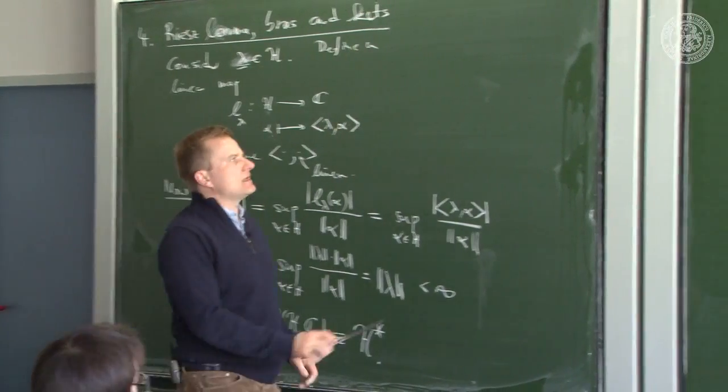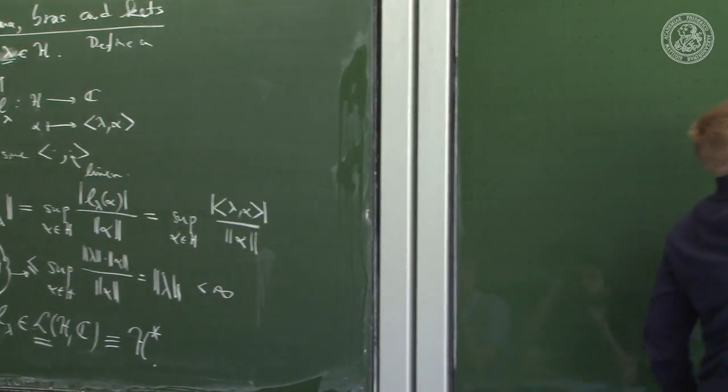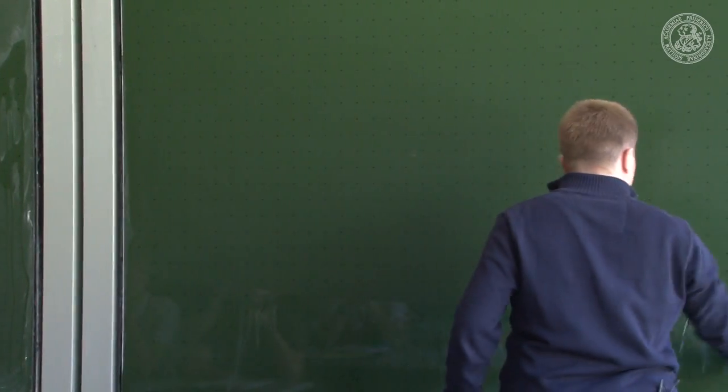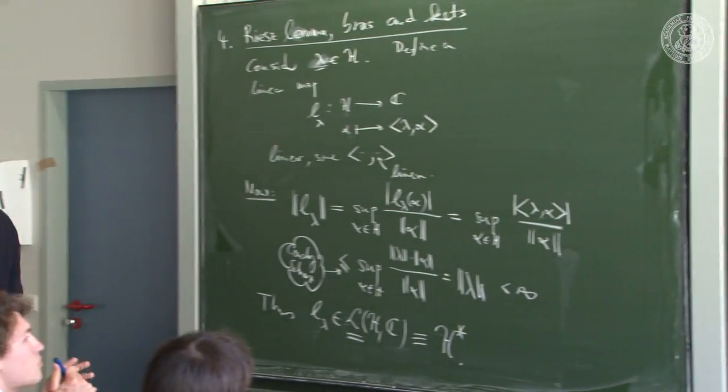So that means you can take an element of the Hilbert space and construct from it, using the inner product, a bounded linear functional. Big deal.